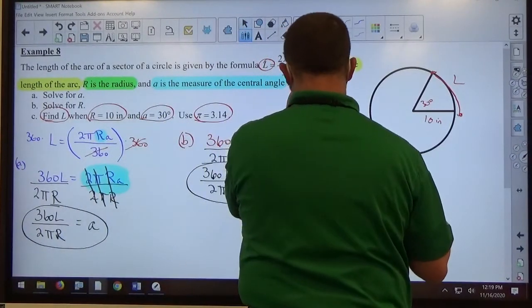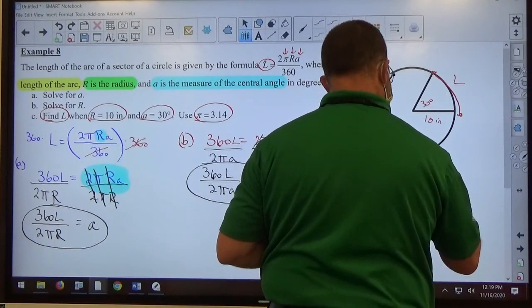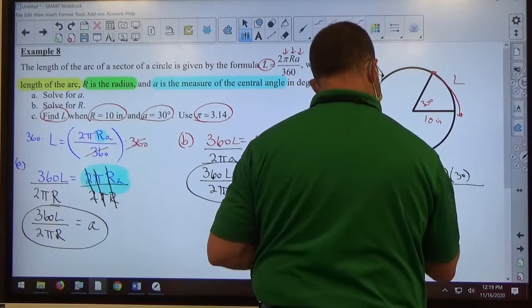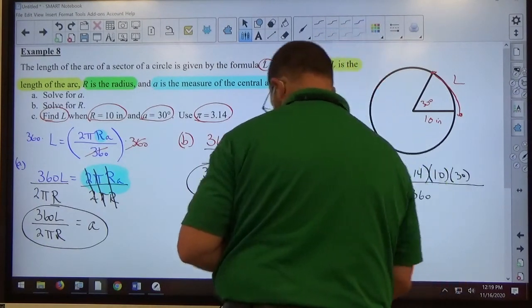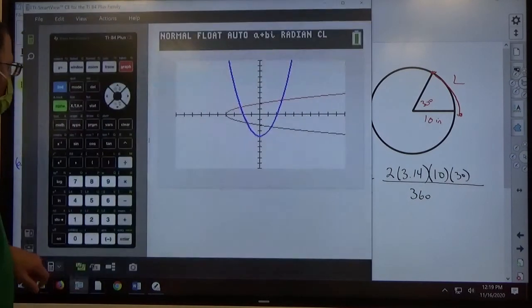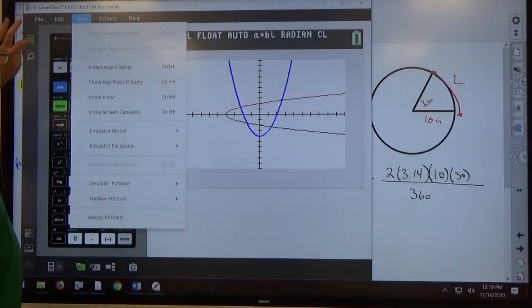So for part C, L is going to equal 2 times 3.14 times 10 times 30, all divided by 360. Simply replace the variables in my equation with the known values. This is applying a formula here. Grab a calculator, because there's no reason I need to calculate this by hand.